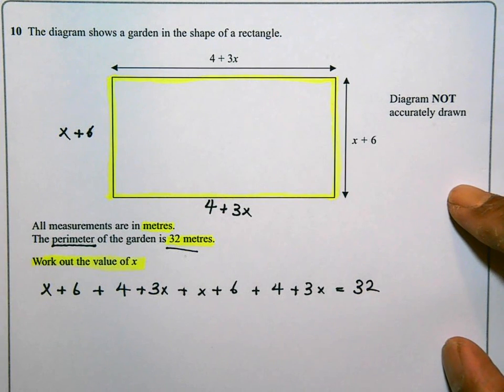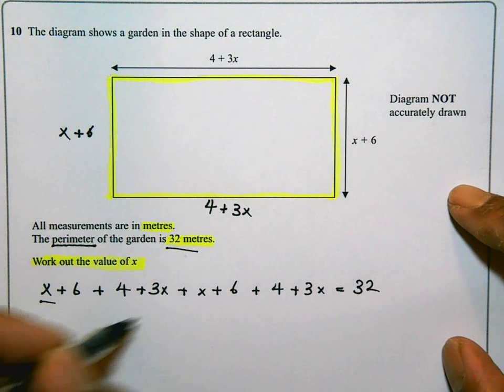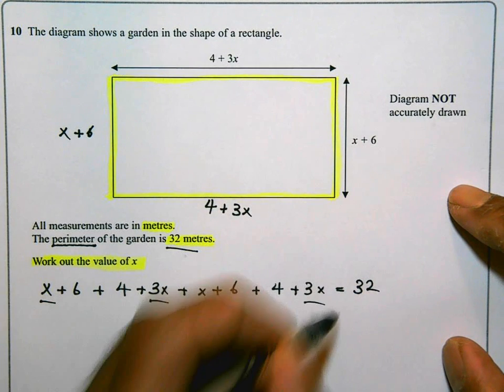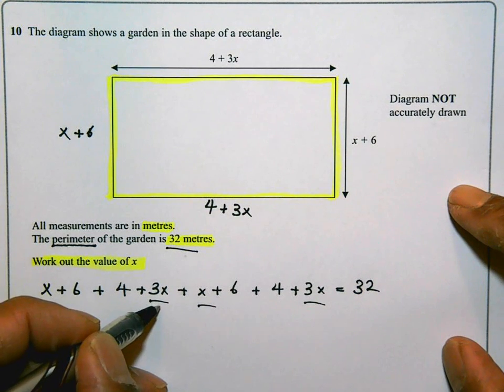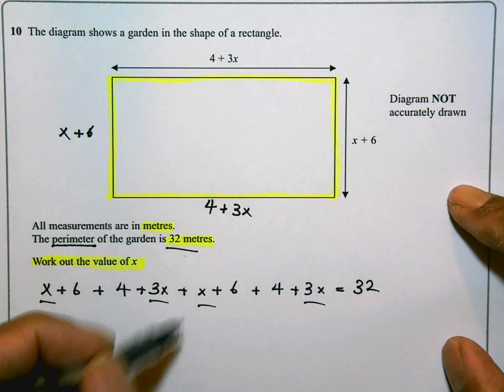If I add up all the values of x, or how many x's I have: x, 3x, x, and 3x. So that's 1 add 3 is 4, 5, and another 3 x's is 8x.